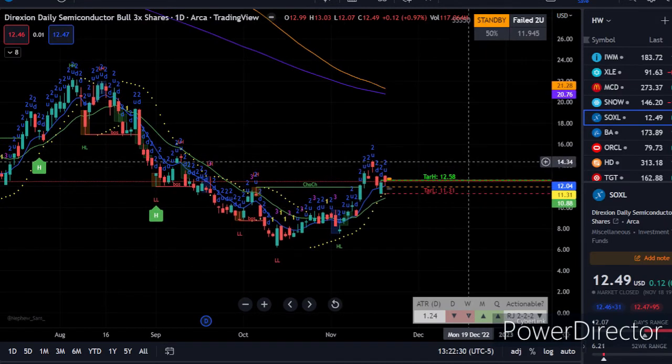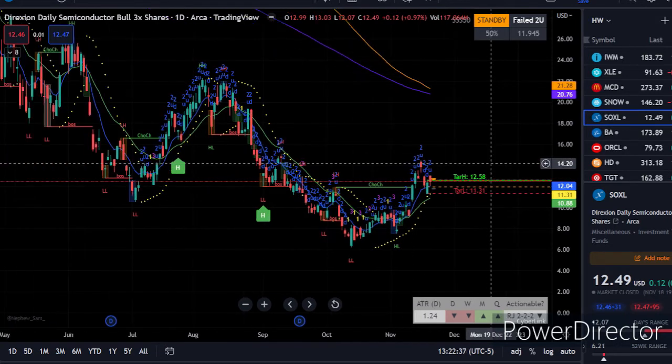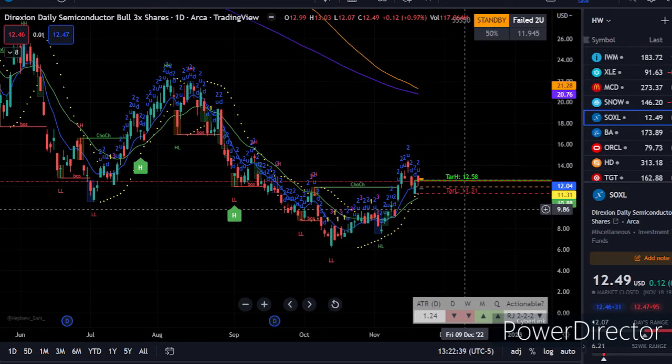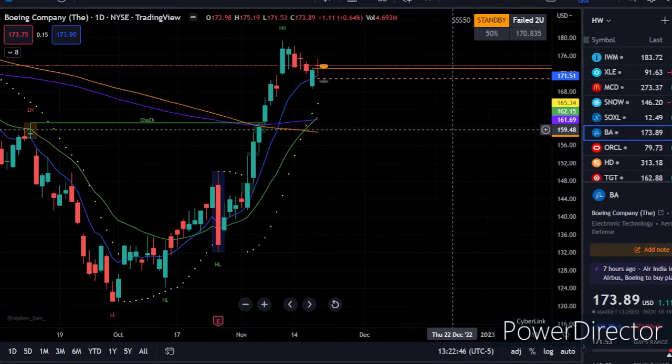We do have a small gap. Nope, that was filled. Yeah, that gap was filled. And we do have one to the downside. So that's SOXL.